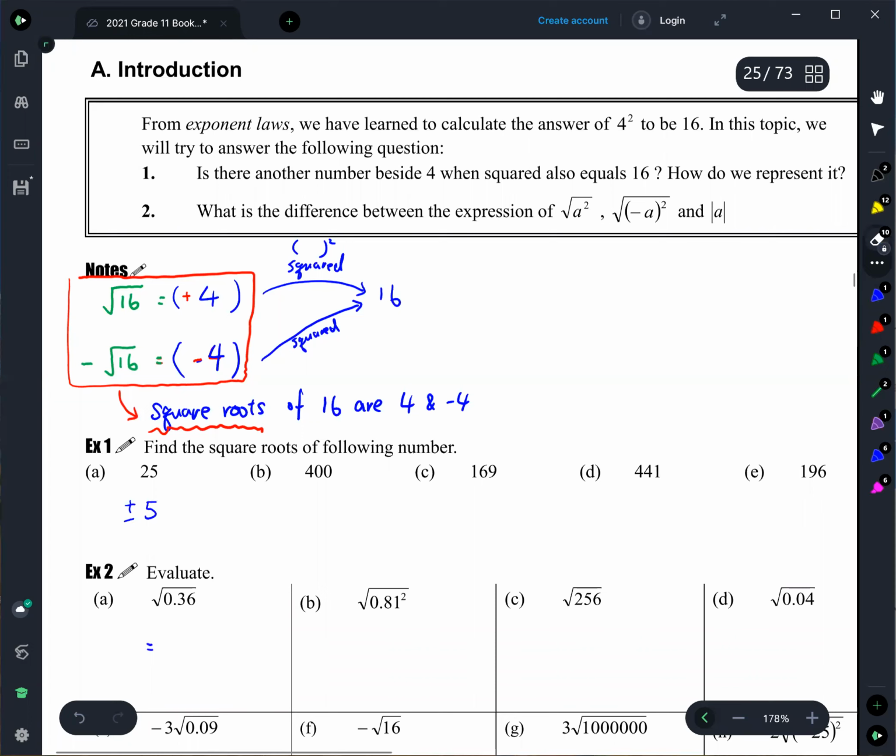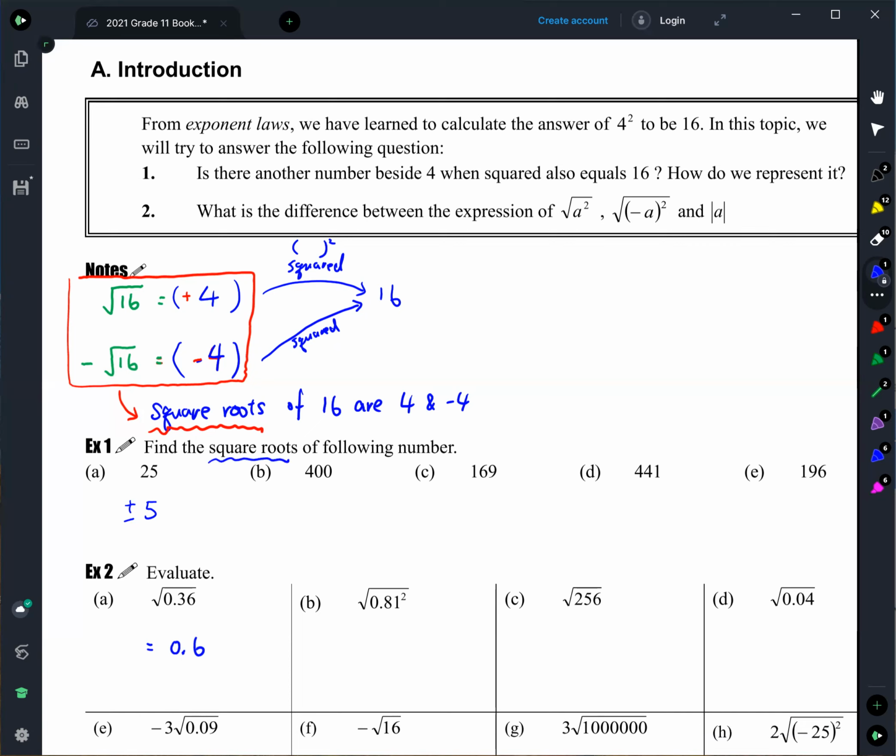Because there's no negative at the front. So the answer is just simply 0.6. Okay, you see a difference? In question 1, it doesn't show the radical sign, okay? It just say find the square roots of the following numbers. So you need to write both of them.